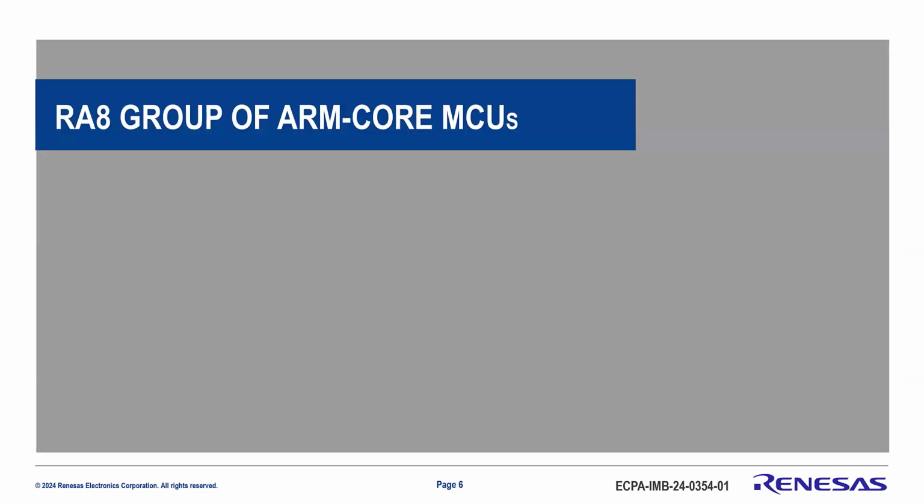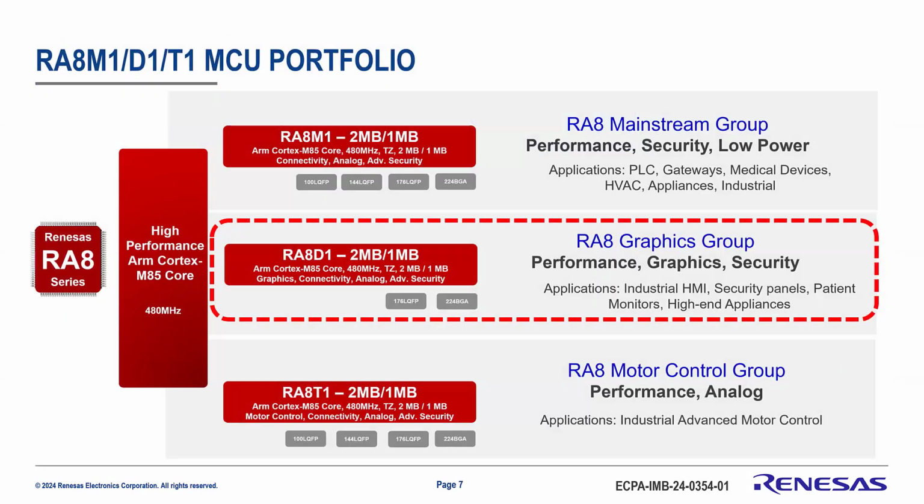Let's talk specifically about RA8 here. We currently offer three members in this series. We start off with the RA8M1. This is our mainstream, focusing on performance, security, and low power.